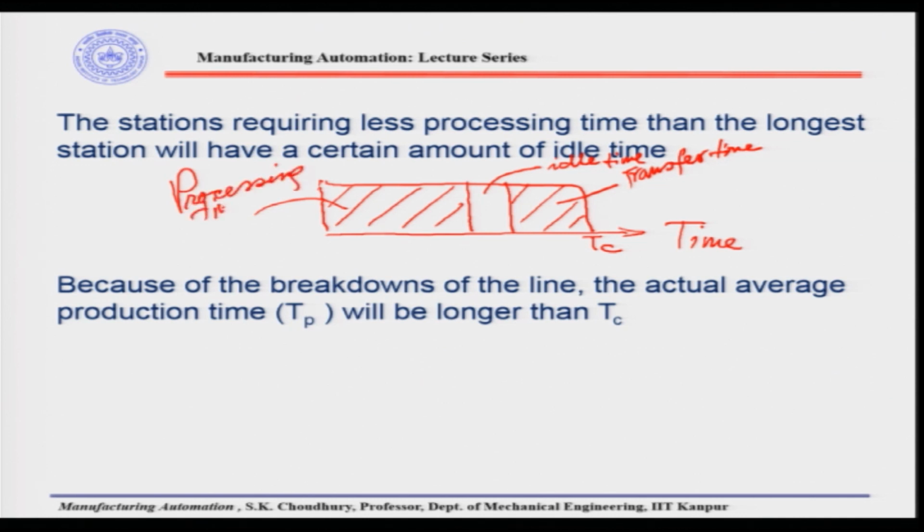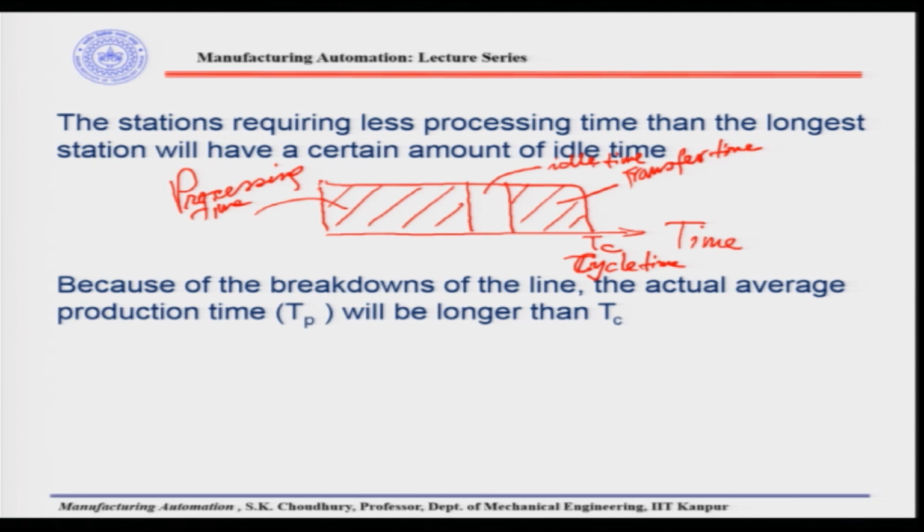So what is happening is that the whole thing is the cycle time, T(c), and this cycle time includes the transfer time and the processing time, and within the processing time those machines which are slower need some idle time.